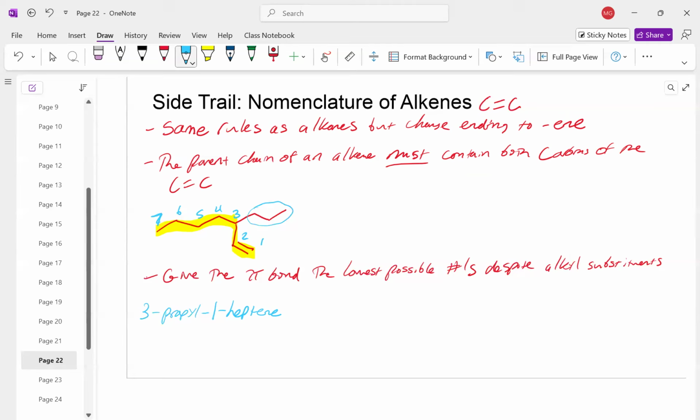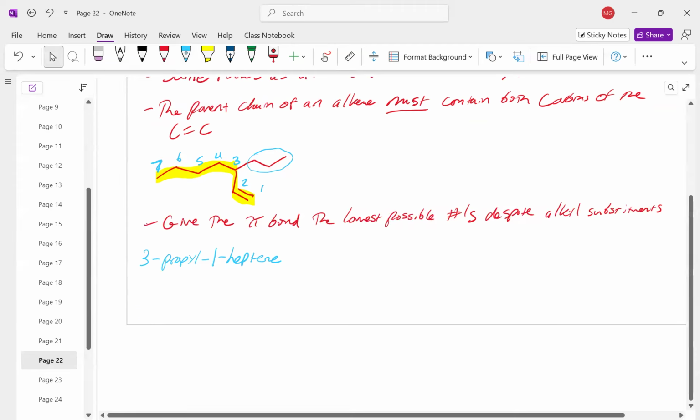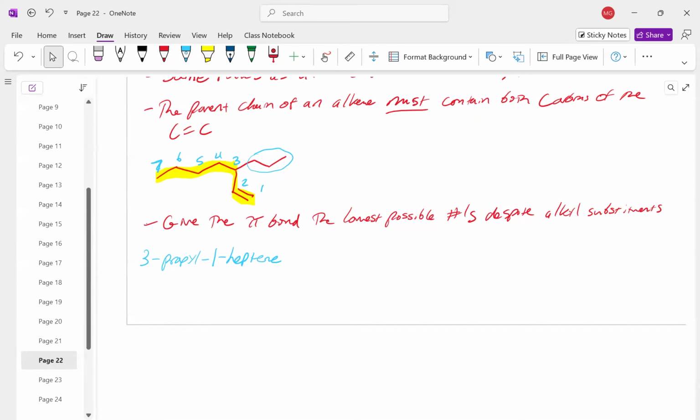Now, it's also equally acceptable, and kind of recommended when we start dealing with multiple substituents and multiple functional groups, to take this number 1 and put it in the middle of the name like this: 3-propylhept-1-ene. So we put the number 1 right before the ene suffix, and that does the same thing. It tells the reader that the double bond starts on the number 1 carbon.